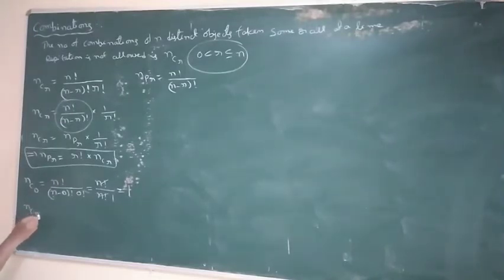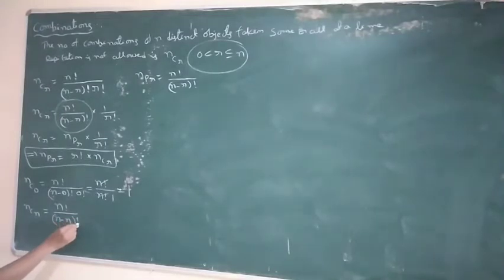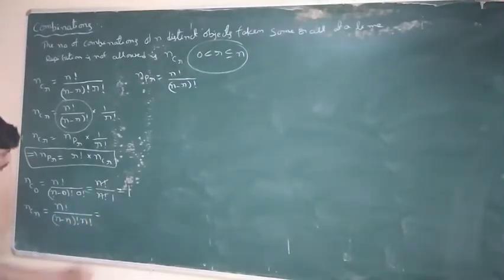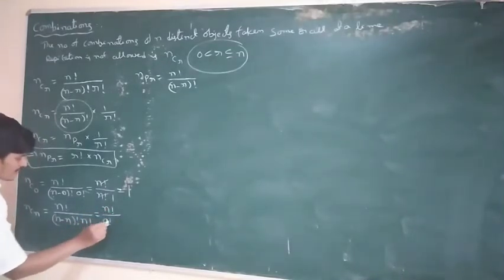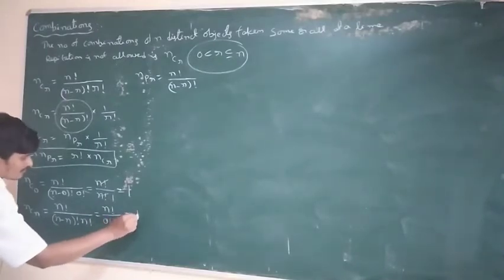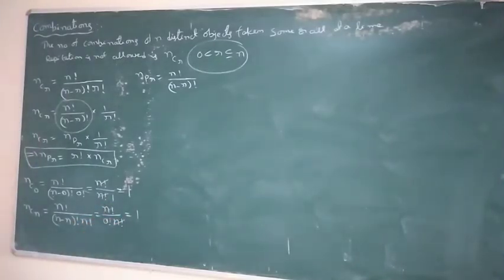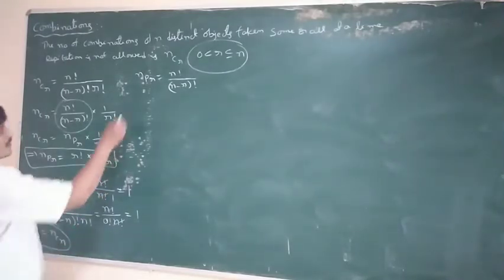So nCn is equal to n factorial by (n minus n) factorial into n factorial, which is also 1. So nC0 equals nCn, the first equals the last.